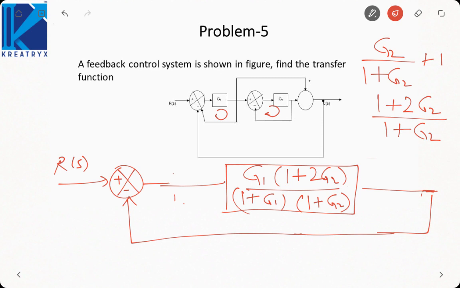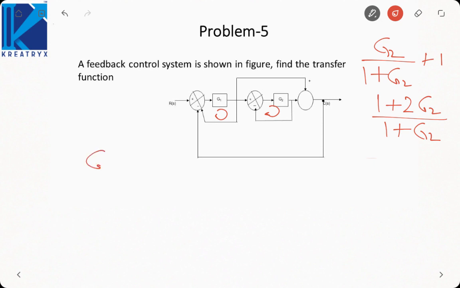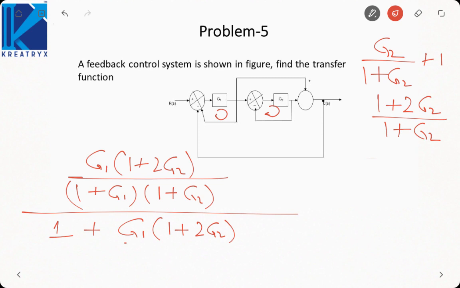Now this is simply a feedback configuration, unity feedback. So the transfer function would be simply the forward path transfer function, that is G1 (1 plus 2G2) over (1 plus G1)(1 plus G2), over 1 plus GH. Okay, it would be like this.